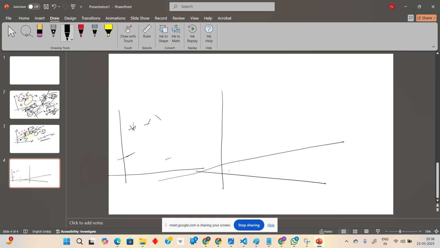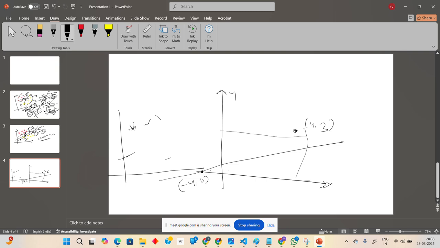Okay, so let me take 2 points. One point, let me consider this is minus 4 comma 0. This is x values and this is y. And some other point, maybe this is plus 4, and some y value, 4 comma 2 or 4 comma 3, any point.